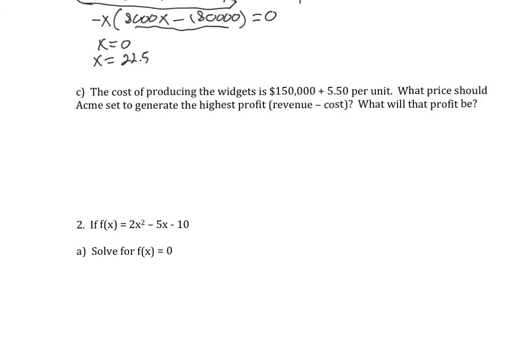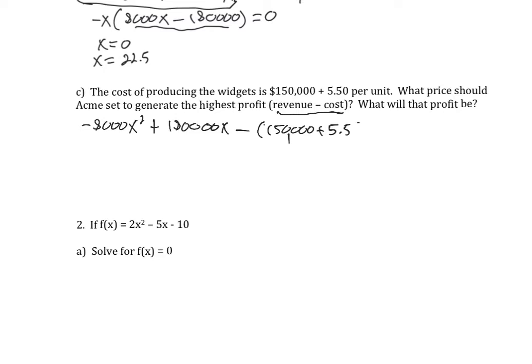So we also have our cost to take into account, which we haven't already taken into account. So we need to figure out, well, what price should we set to maximize our profit, which is equal to revenue minus cost. So we would take our revenues, which would be negative 8,000x squared plus 180,000x, and we would subtract from that our cost, which would be 150,000 plus 5.5 per unit.